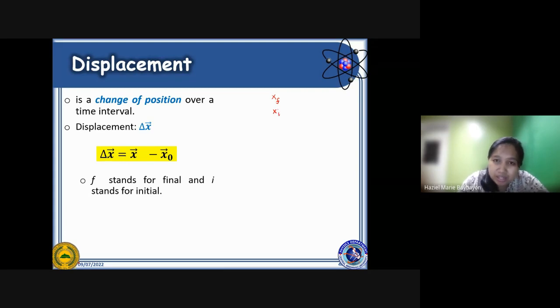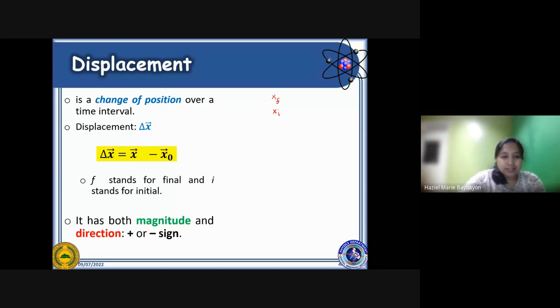So we can use x sub f or x for the final position, and x sub i or x not for the initial position. Here, f stands for final and i stands for initial. Displacement is a vector quantity, so it has both a magnitude and a direction, and its SI unit is meters.